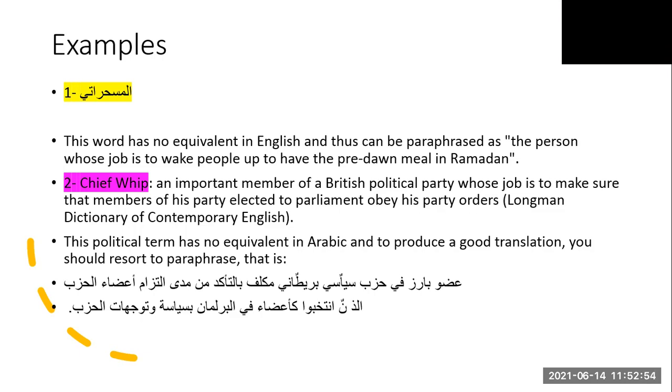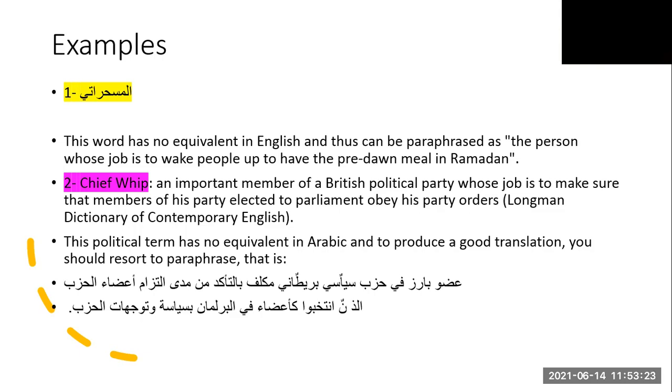If you look it up in an English dictionary, it means an important member of a British political party, حزب سياسي بريطاني, whose job, the job of this member, is to make sure that members of his party elected to parliament obey his party orders.